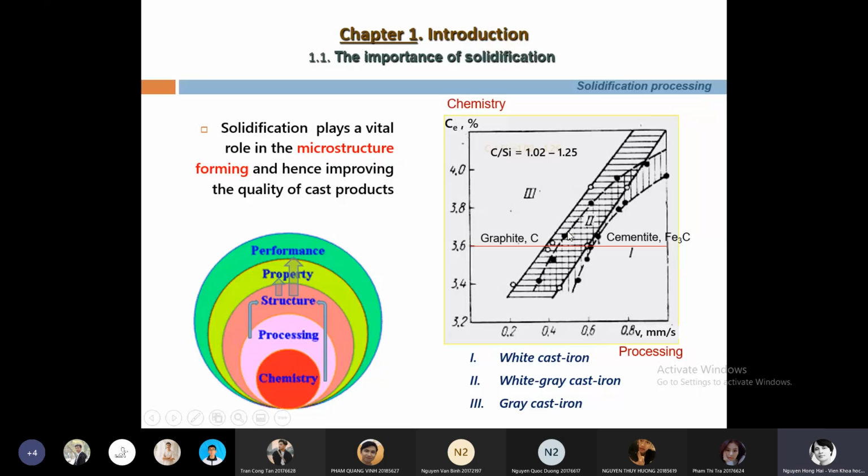So gray cast iron is graphite, and white cast iron is cementite in the structure. They have absolutely different properties and performances. It is a very good example of microstructure forming depending on the processing parameter.